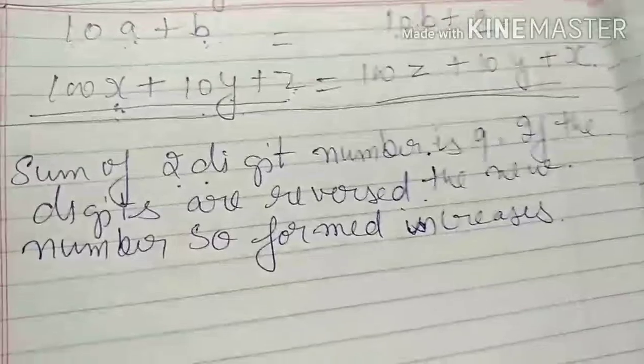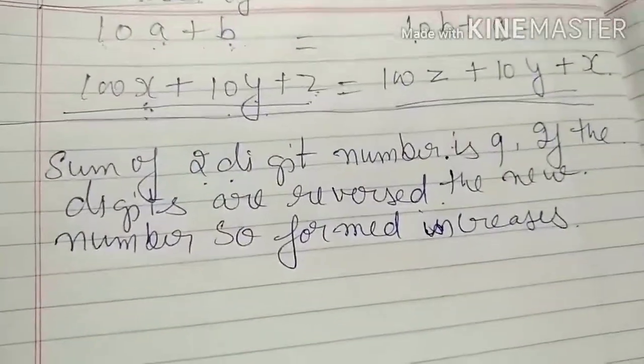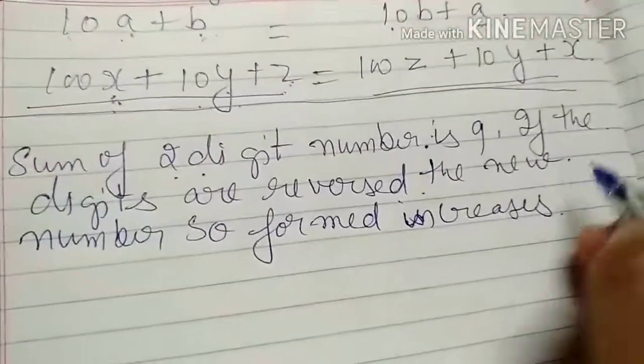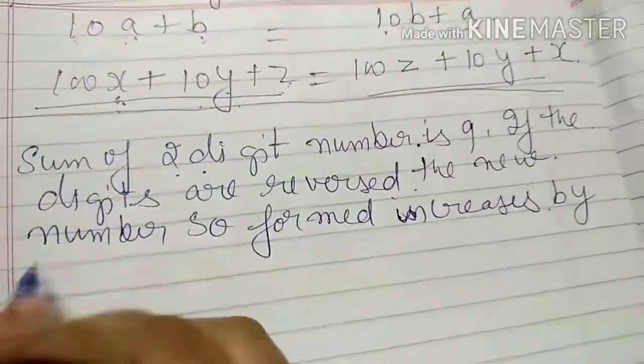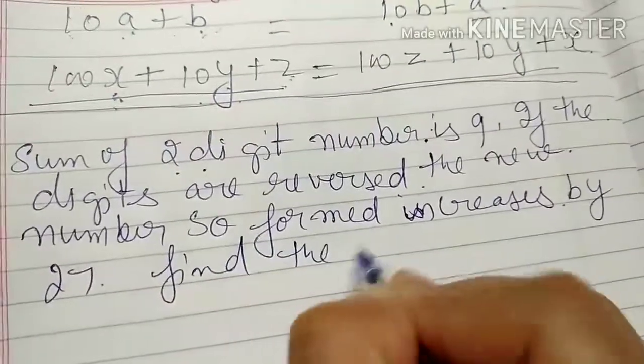If it is written increases, that means addition. If it is written decreases, that means subtraction. Increases by 27. Find the number.